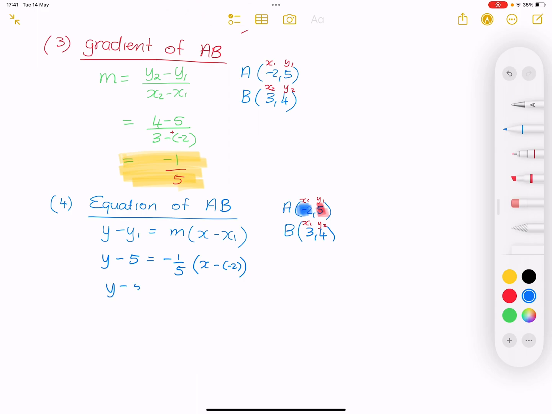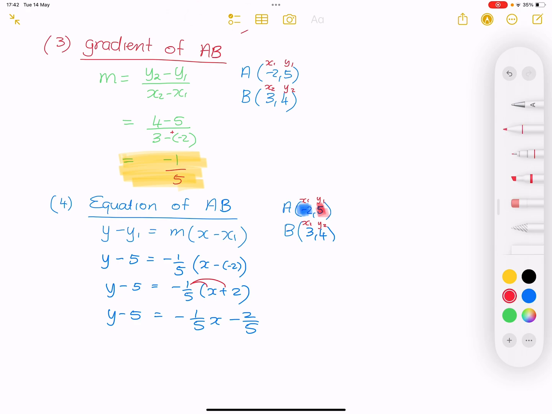So y minus 5 is equal to minus 1/5 times x plus 2. Now we multiply that in. So then we have y minus 5 equals minus 1/5 x and then minus 2 fifths. Do you agree? Yes, ma'am.